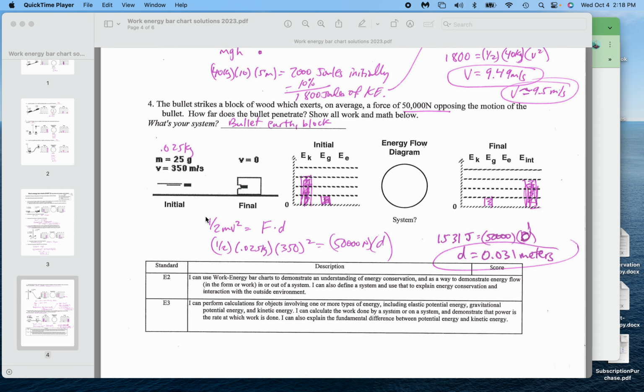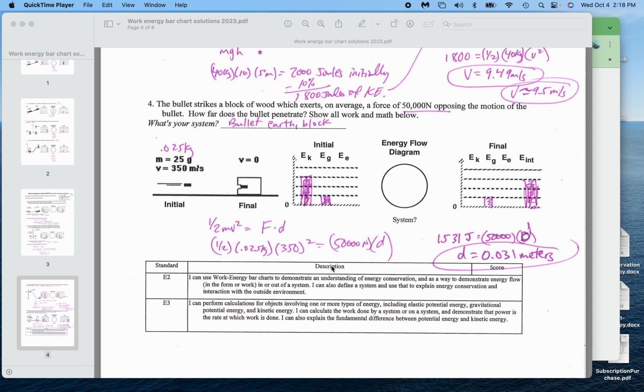So kinetic energy initially is going to equal the work done by friction to slow the bullet down. So I have 1/2 mv squared. Notice I'm using standard units of mass, that's kilograms, and meters per second is the standard unit of velocity. That's going to equal the force times the distance that's pushed in, so 50,000 times d. I end up getting 0.031 meters.